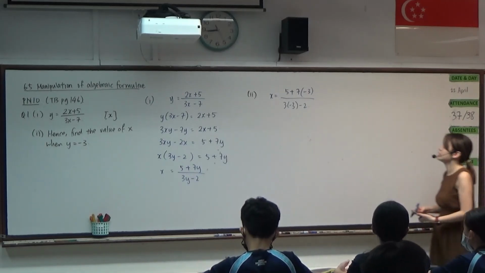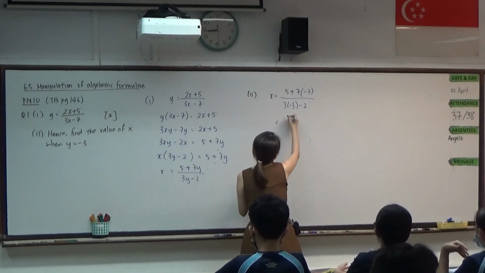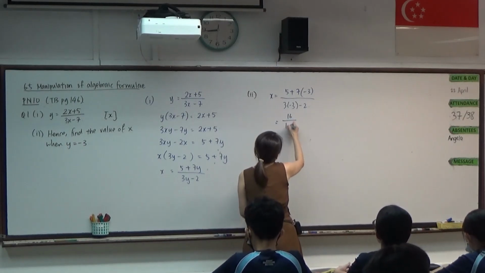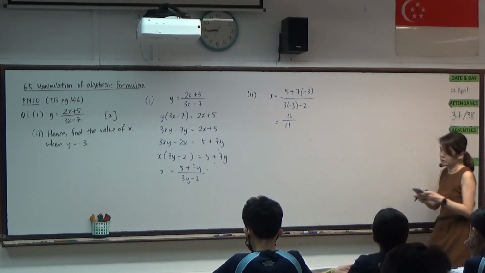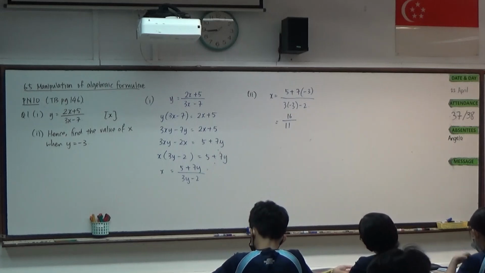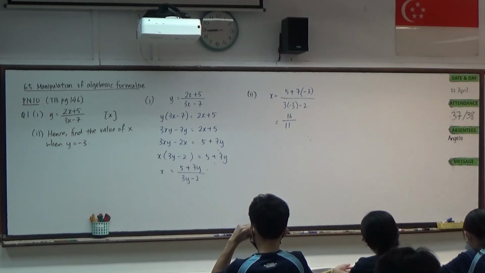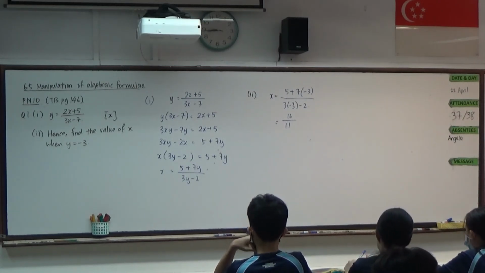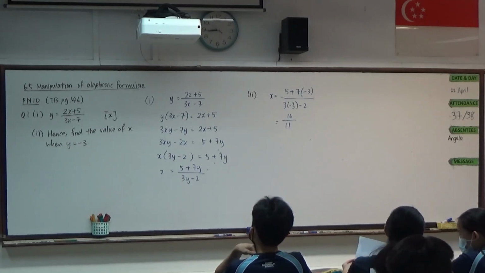In this case, I will get 16 over 11. Usually part 1 might be the challenge. Part 2 itself is just replacing the variables with values.